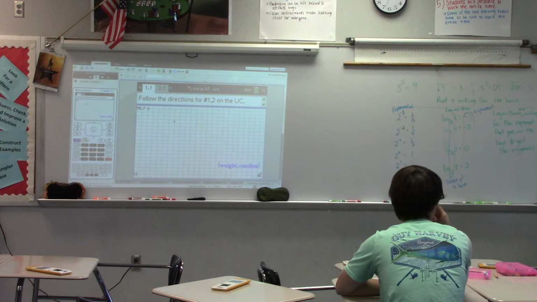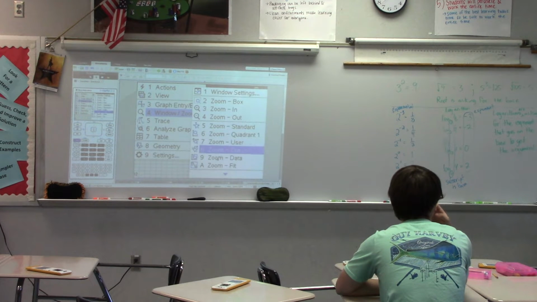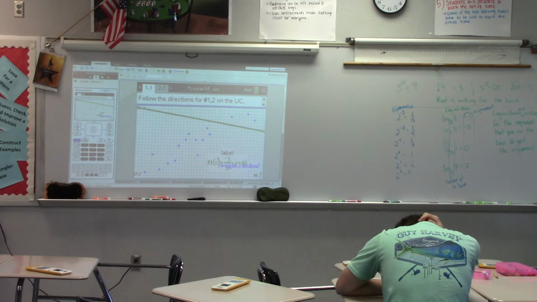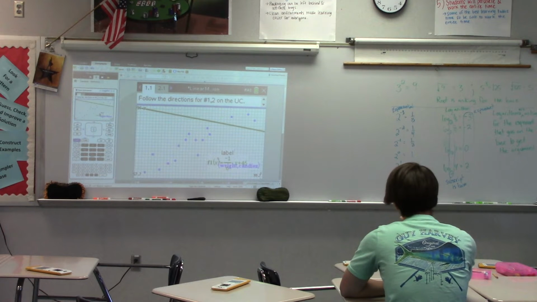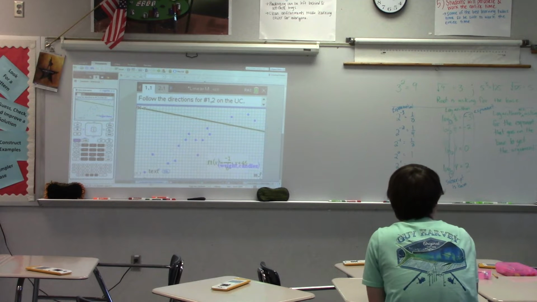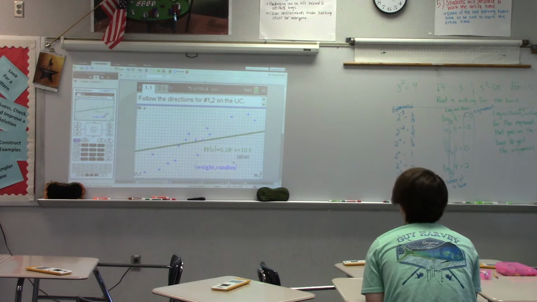If you had done weight and candies as the independent and dependent like you were supposed to, see how there was a linear model that was already going through that window? I did that intentionally so that you already had something to work with. Now, the student who did this linear model, is that model appropriate for that data?